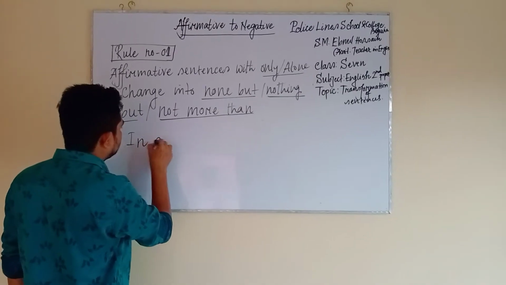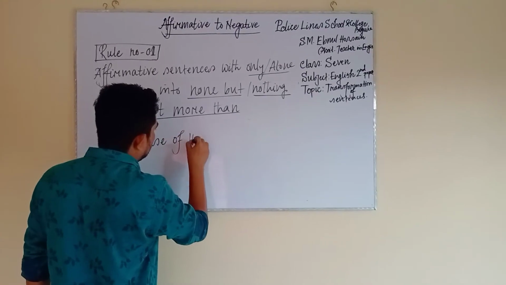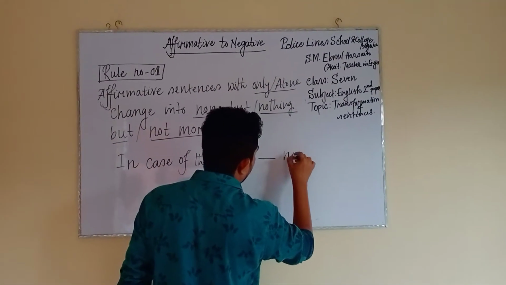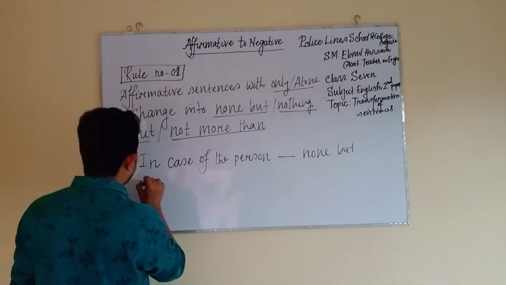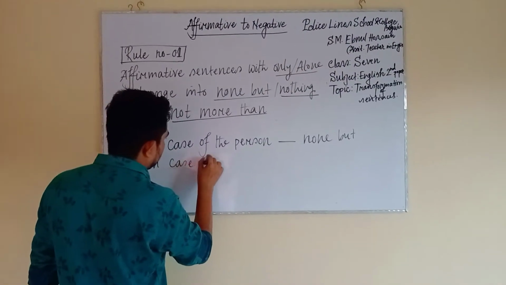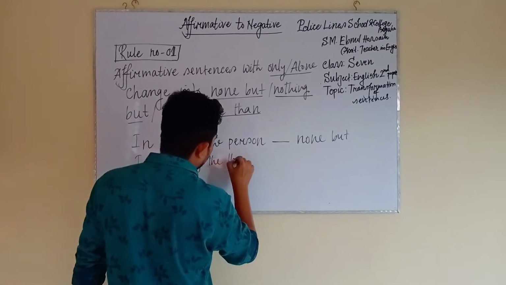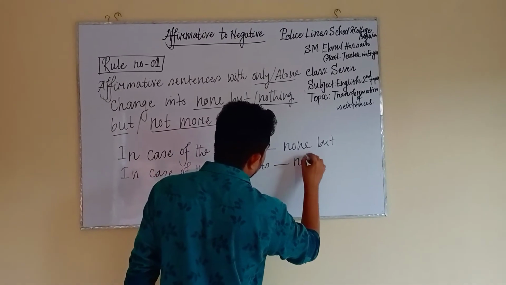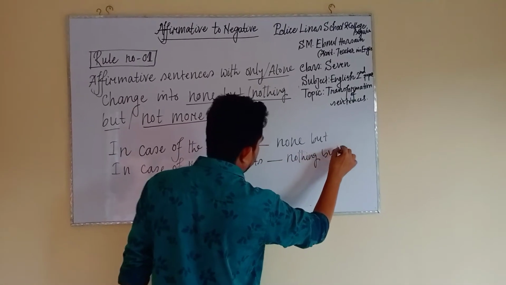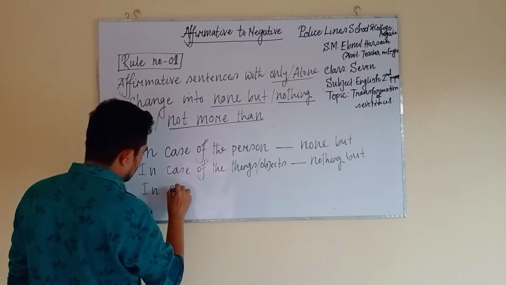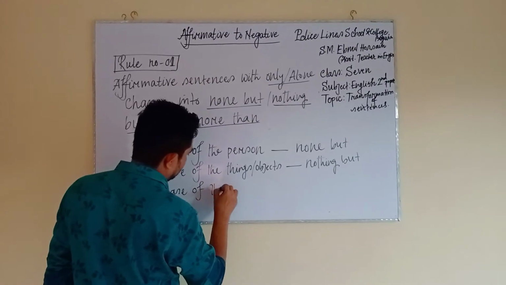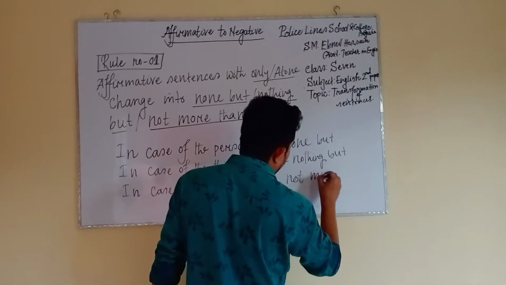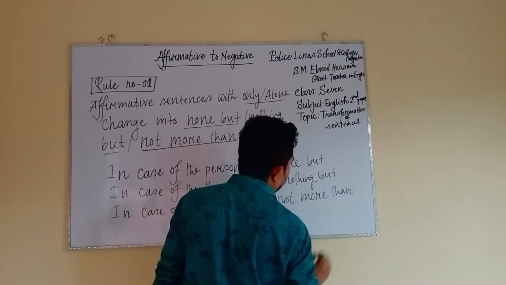In case of the person we use none but, in case of the things or objects we use nothing but, and in case of the number we use not more than.